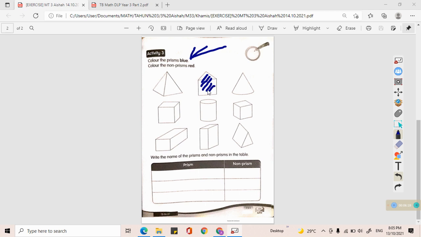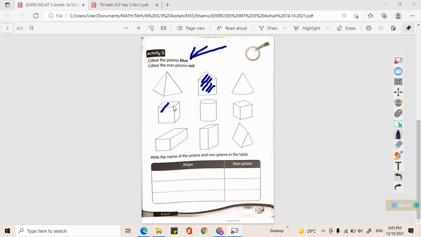And then the next one, it's a cone. Is it a prism or non-prism? A cone. Remember, a prism doesn't have a curved surface. A cone has a curved surface, so this one is a non-prism, right? And then the next one, this one is a square prism because it has a shape of square.